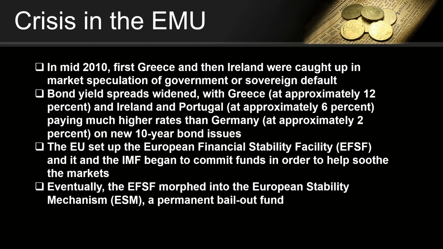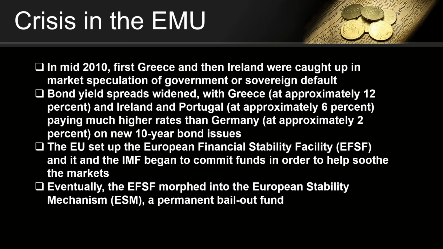In mid-2010, first Greece and then Ireland were caught up in market speculations of government or sovereign default. Bond yield spreads widened, with Greece at approximately 12%, Ireland and Portugal at approximately 6%, paying much higher rates than Germany at approximately 2% on new 10-year bond issues.